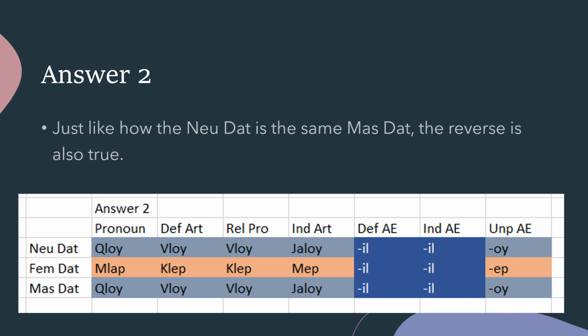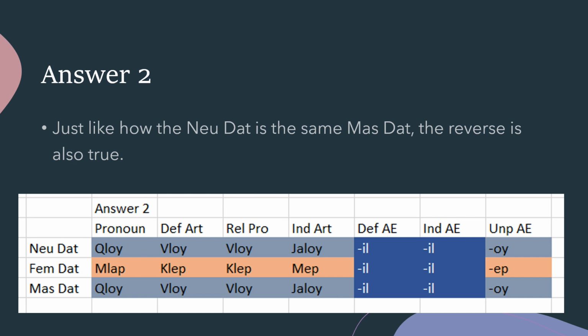As you can see, the neuter dative is the same as the masculine dative, and it is the same in reverse as well. Although in the chart I said that the neuter dative is the same as the masculine dative, and that the masculine dative is the original, that doesn't matter. It also applies in reverse. So even though you didn't know what the masculine dative is, you knew the neuter dative is the same.